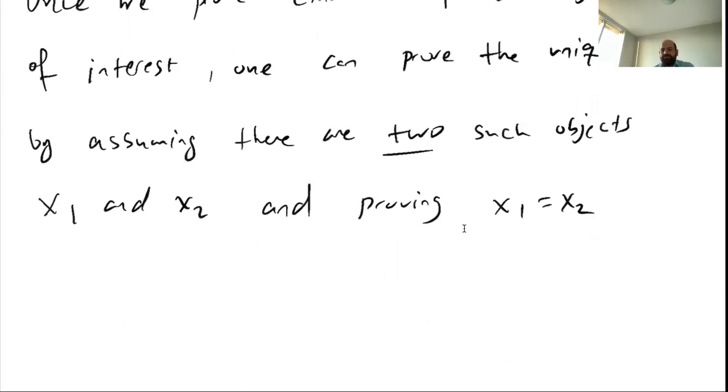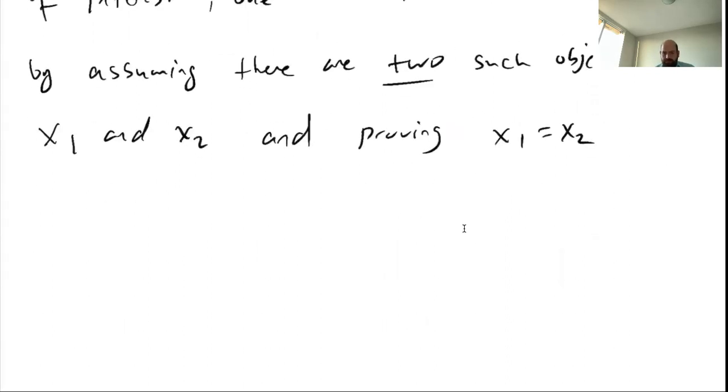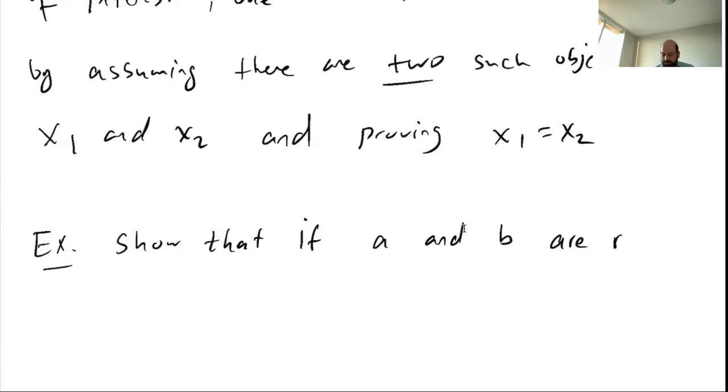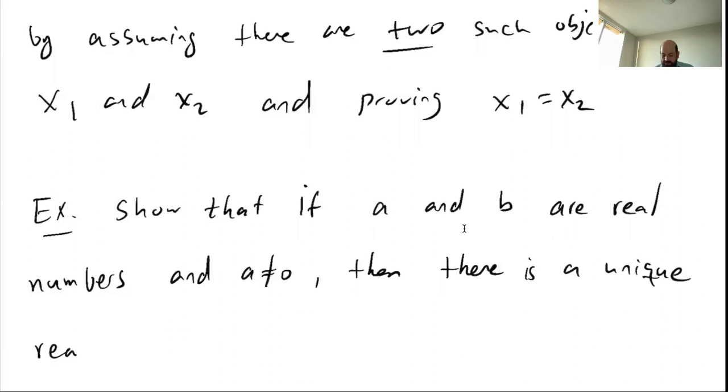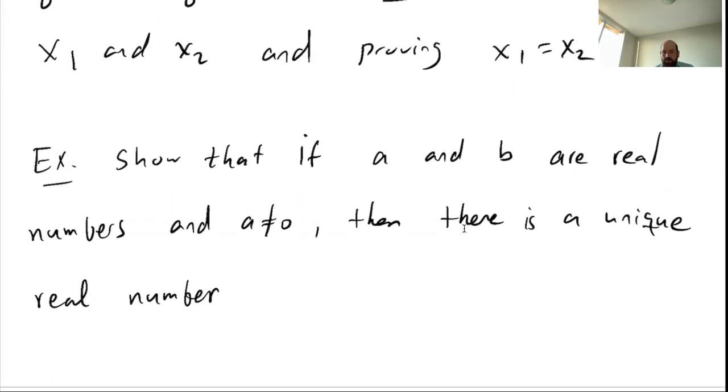So let's look at an example. Show that if a and b are real numbers, and a is not equal to 0, then there is a unique real number R such that AR plus B equals 0.